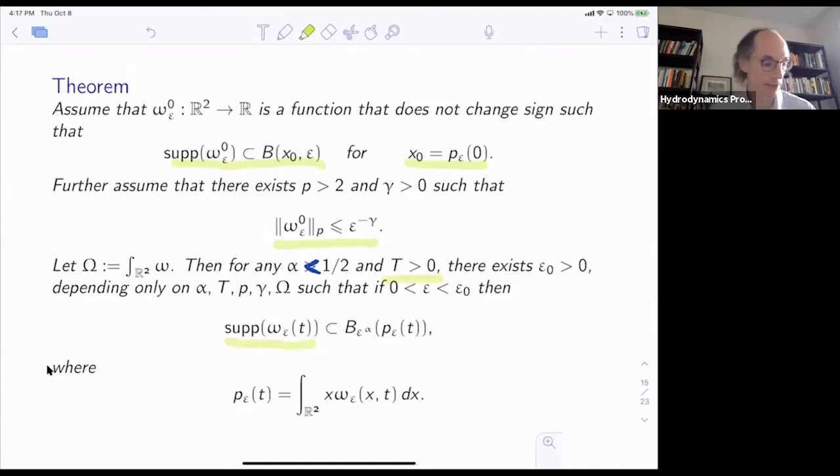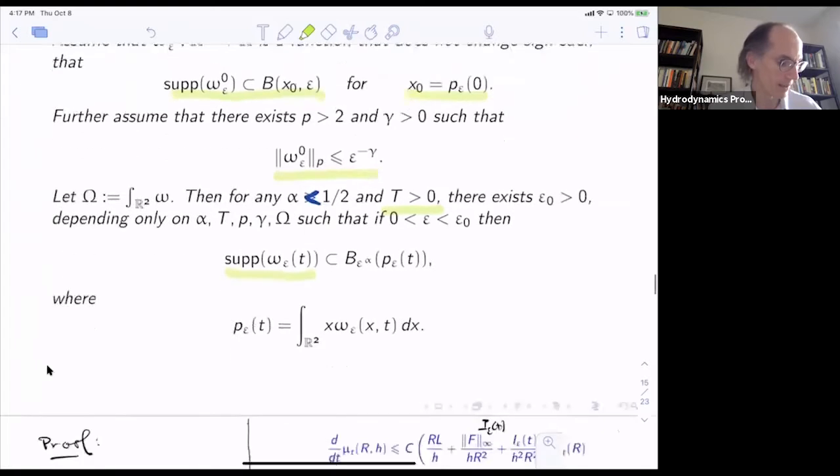And the claim is that the vorticity is contained in a ball of radius epsilon to the alpha, so a bit bigger than square root epsilon, around the center of vorticity for all times from 0 up to time capital T, if epsilon is small. And so there exists epsilon depending on these other parameters, alpha and capital T, and so on, such that this holds. And so here again, this p epsilon T is the center of vorticity.